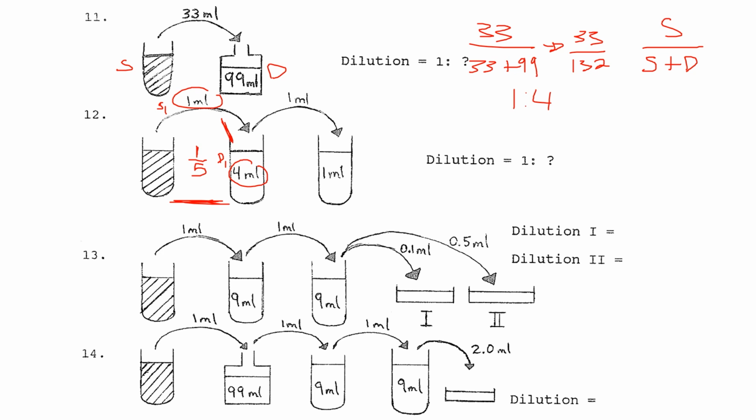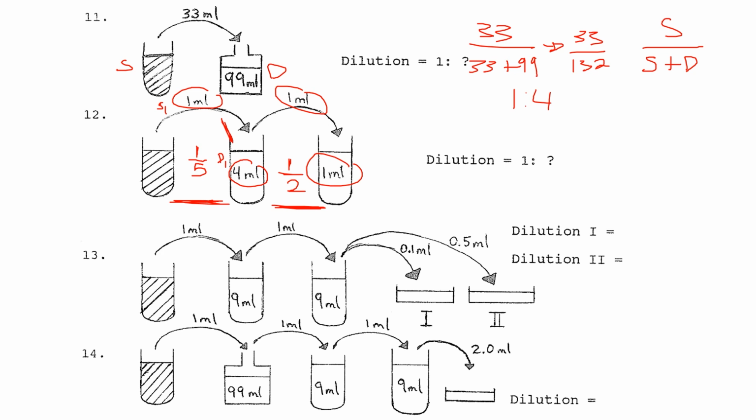Okay, now we can calculate the dilution for this. We're taking 1 ml again and transferring it to 1 ml instead of 4 this time. So 1 plus 1, our total volume for that dilution is 2, and we took 1 ml of our sample, so that's a half.